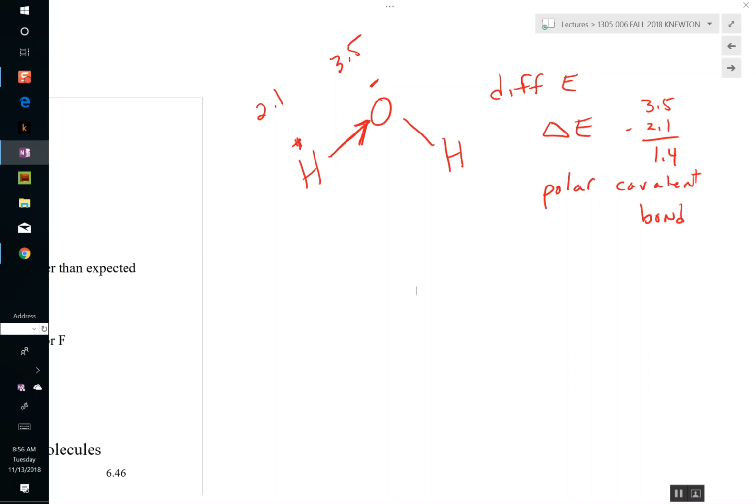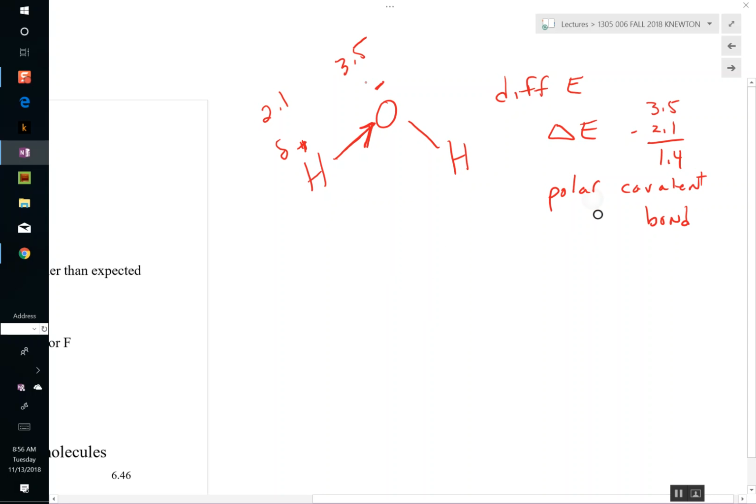These electrons are there sometimes, so we say it's a partial positive charge here, a partial negative charge there, but the bond has a polar nature to it. It has a negative end, a positive end.